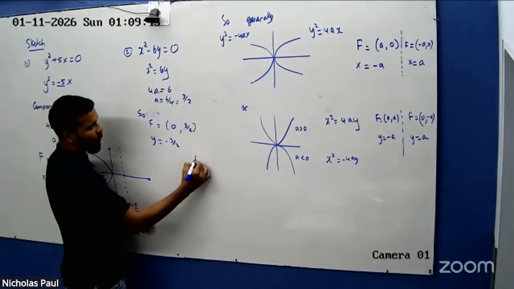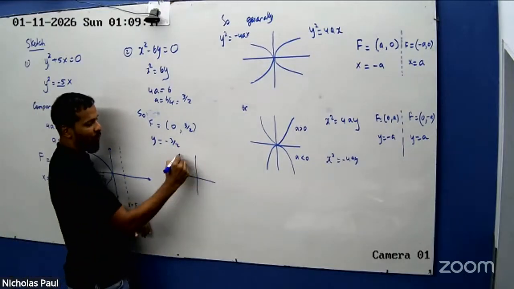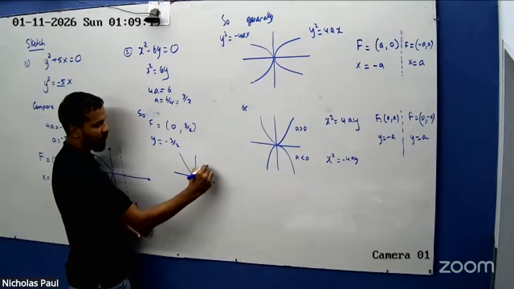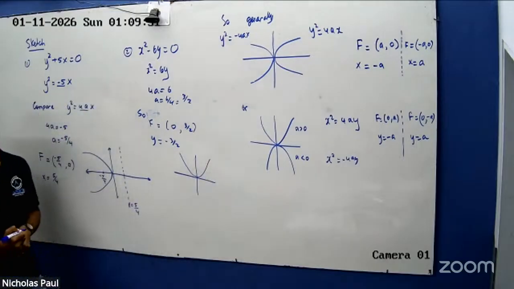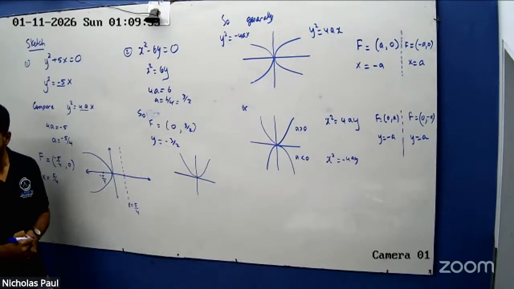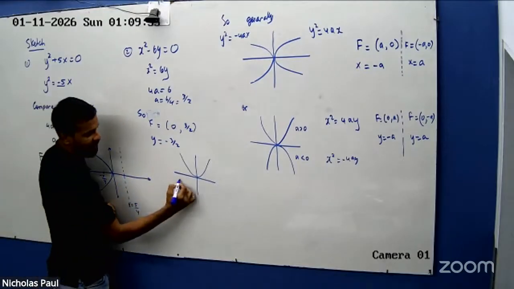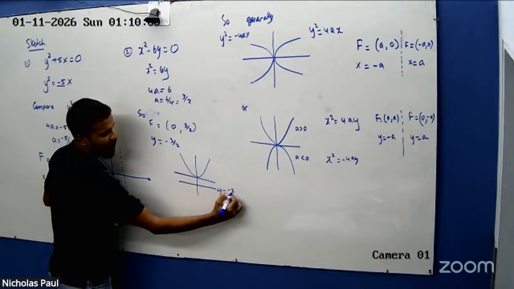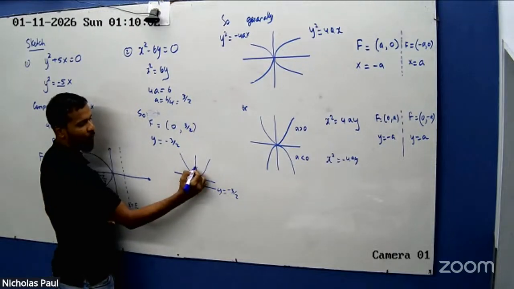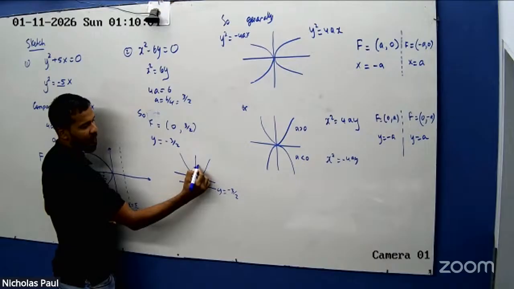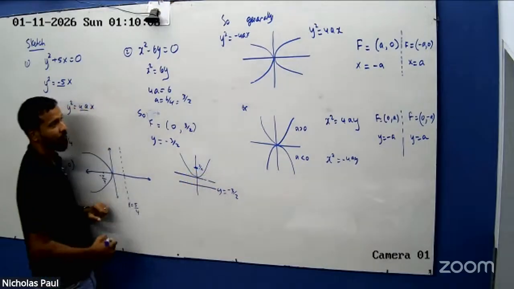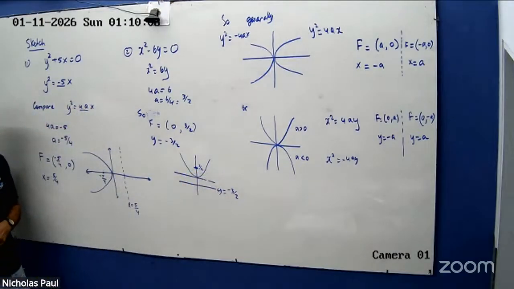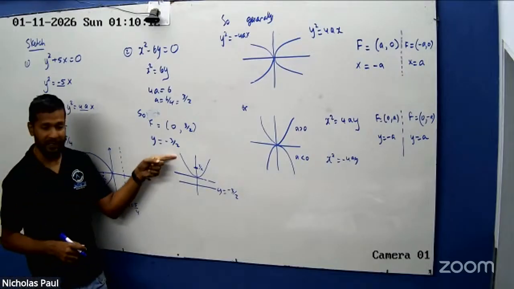And you do a little sketch. You already know your shape, and your directrix, y is minus 3 on 2. And your focus is here, which is positive 3 on 2. That's okay? That's all we need, directrix and focus.